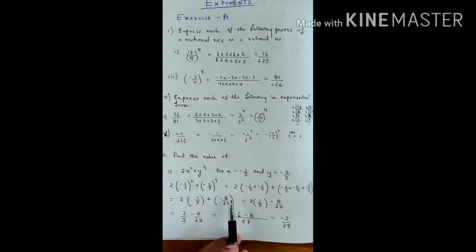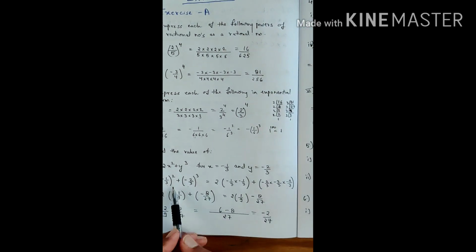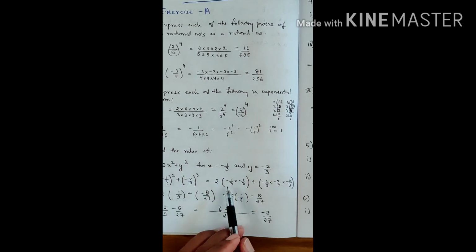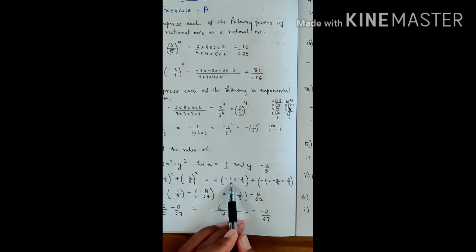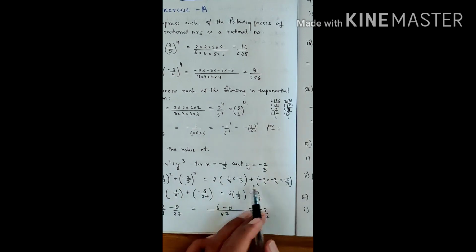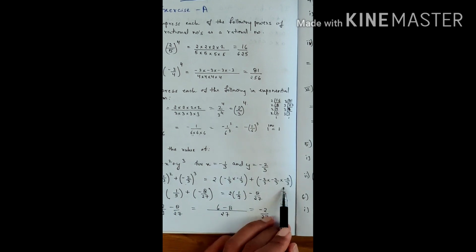Now when we solve it, if you know the squares, then it is very good. It will become 1/9, or else you can expand it also. So it will be -1/3 into -1/3, then plus (-2/3) written 3 times.